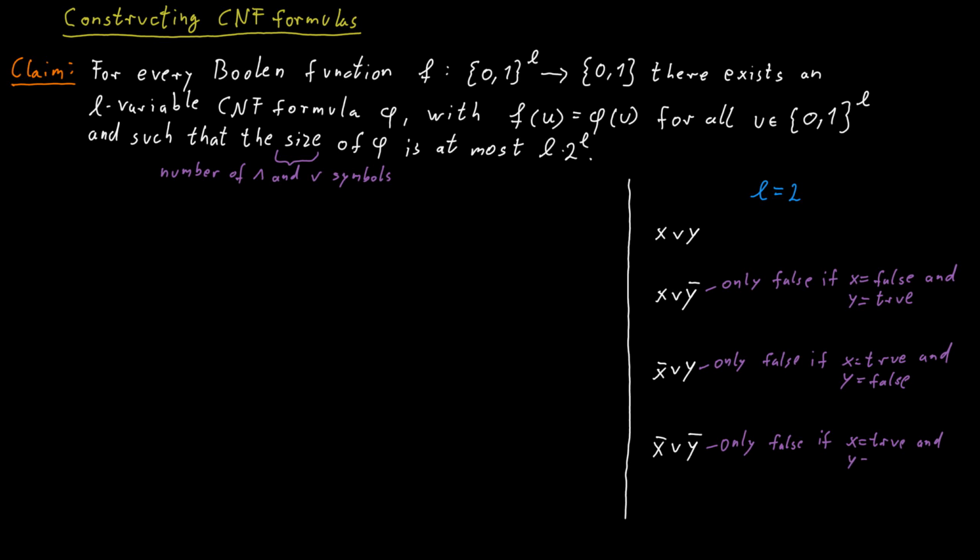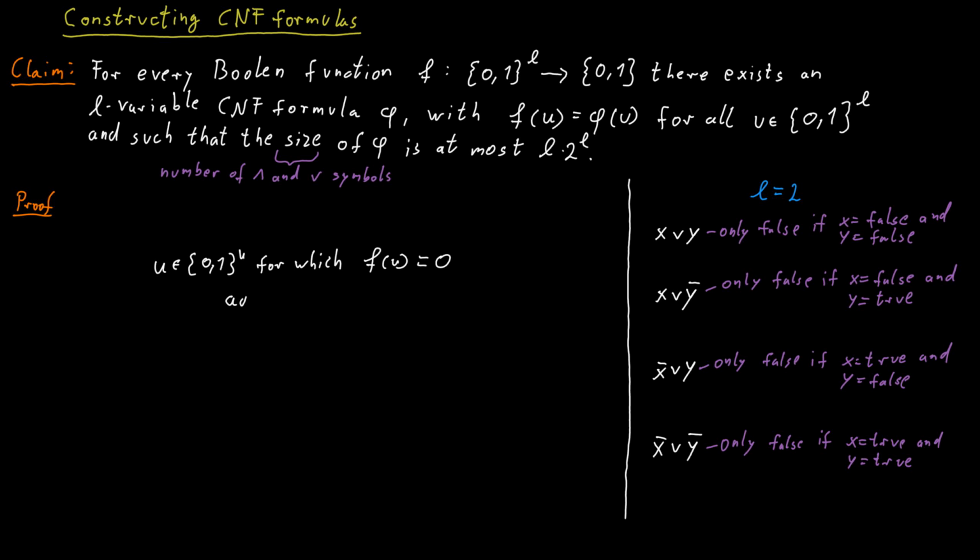Now consider the function f and look at all the inputs that lead to an output of 0 or false. How can we make this happen? Consider a specific input u for which f of u is 0. Then what we can do in our construction of our CNF formula phi is that we simply include a clause that makes the formula false for this input u.